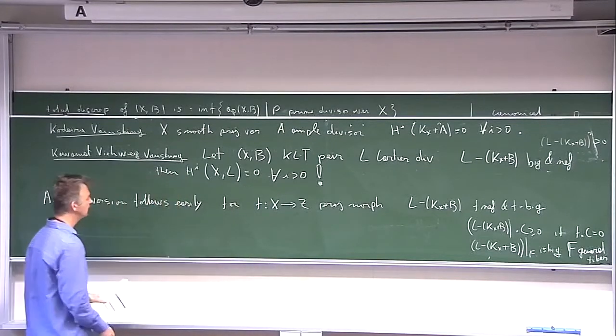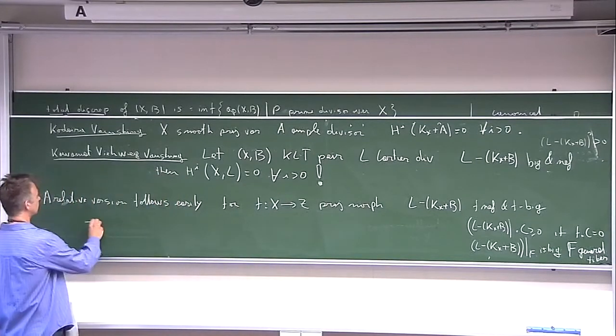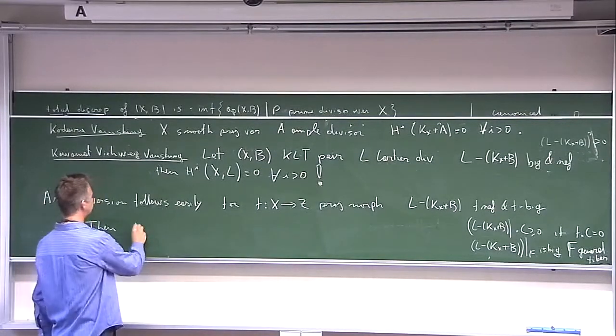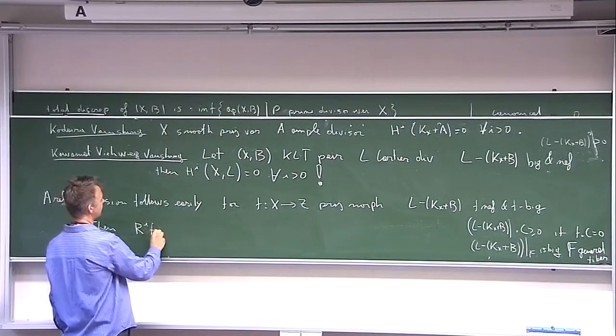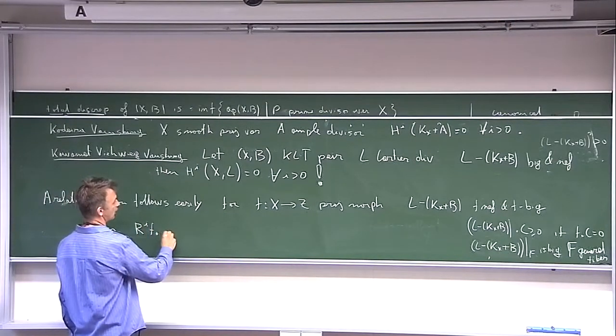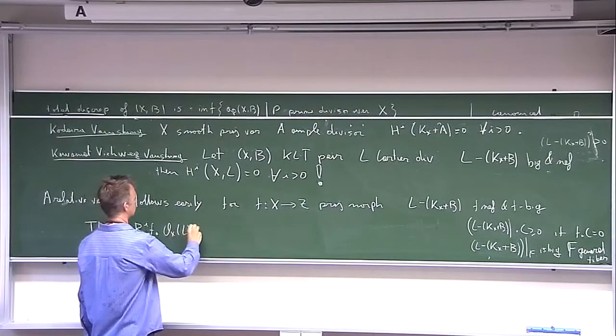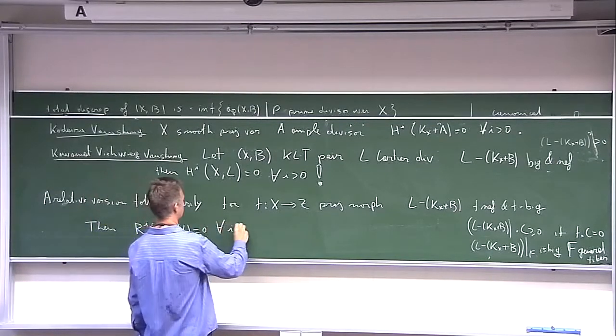And then your conclusion will no longer be on the cohomology groups. It will simply be on the higher direct images: R^i f_* O_X(L) is 0 for every i greater than 0.